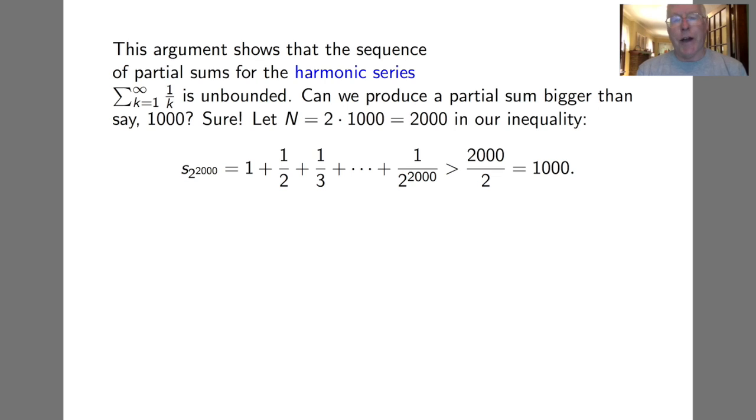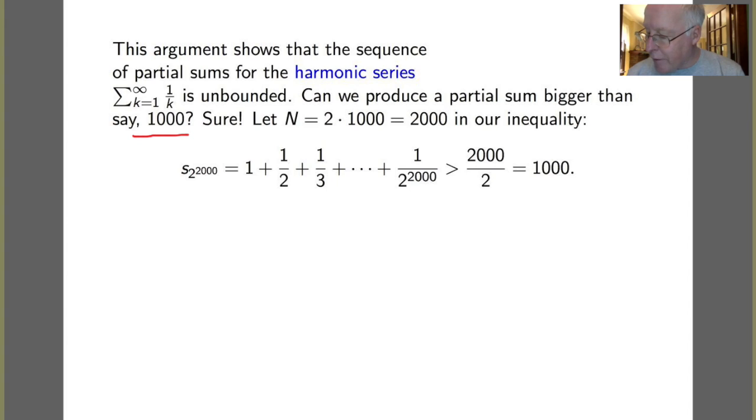And again, just as an illustration, could we produce a partial sum that is bigger than 1,000? Sure we can, and here's how we do it. We'd like n over 2 to be 1,000, so let's let n equal 2 times 1,000, or 2,000.